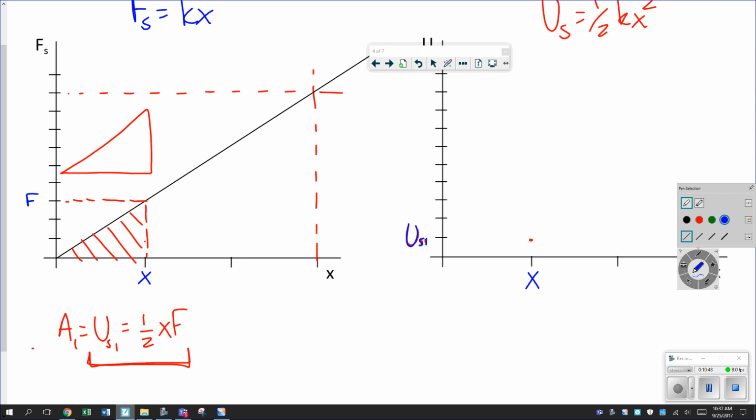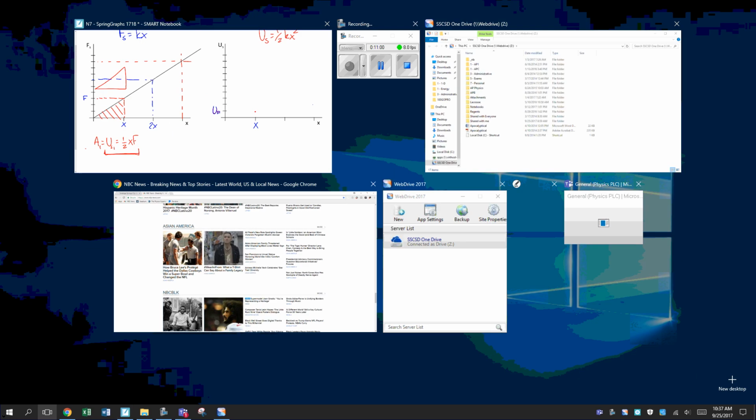Now watch this. When we go to 2X and displace the spring that far, notice the spring responds with applying a force 2F.